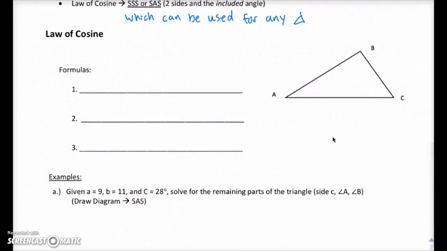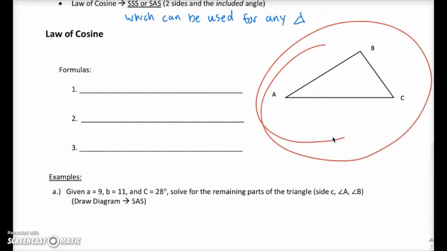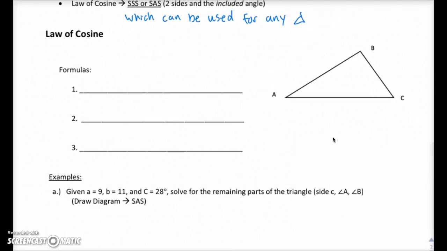It doesn't have to be a right triangle. Just labeling the diagram right here, let's label the opposite sides. So angle A's opposite side is lowercase a, and this is lowercase b and lowercase c.